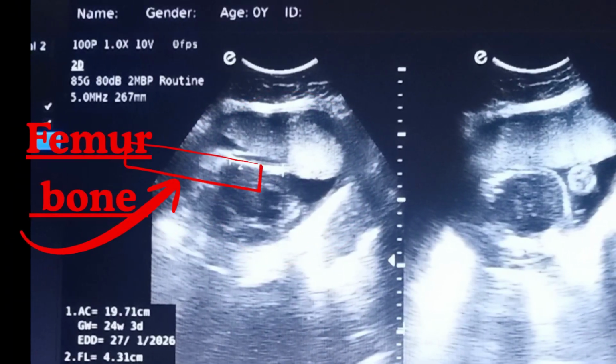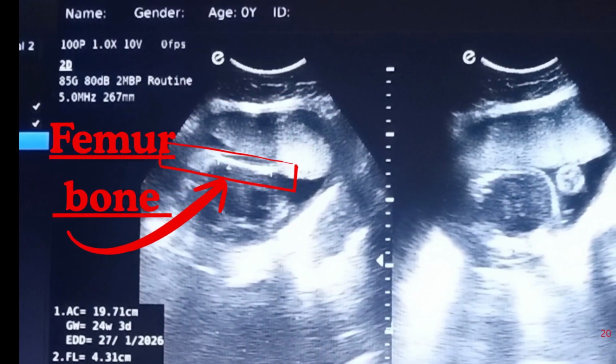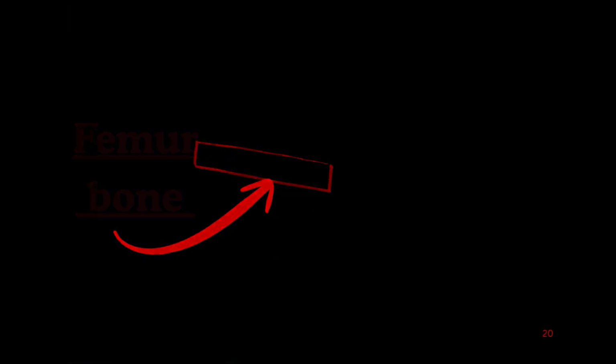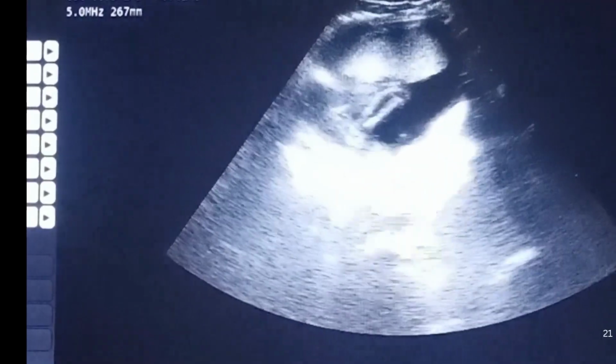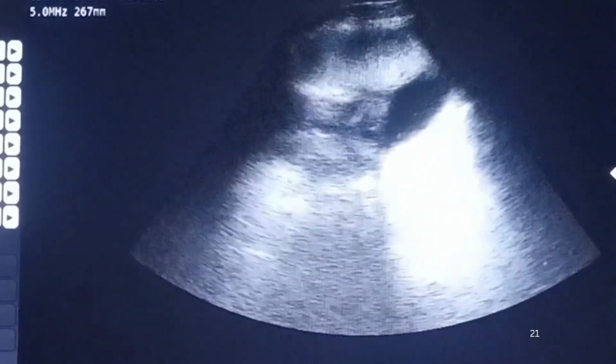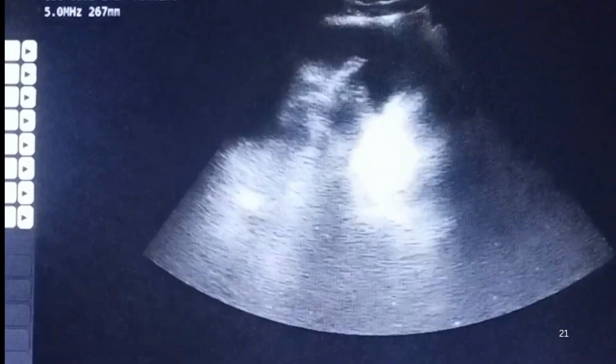Measurement of femur length is performed to assess the gestational age. Femur length is 4.3 centimeters, which corresponds to 24 weeks plus 1 day period of gestation.